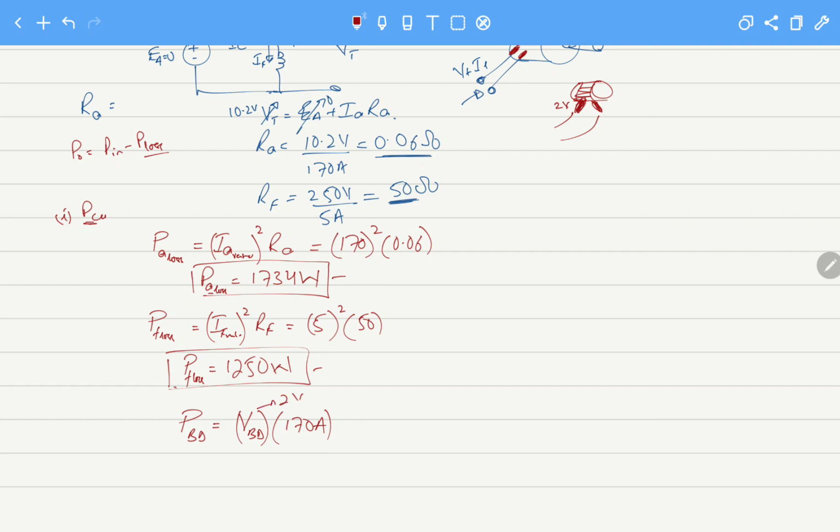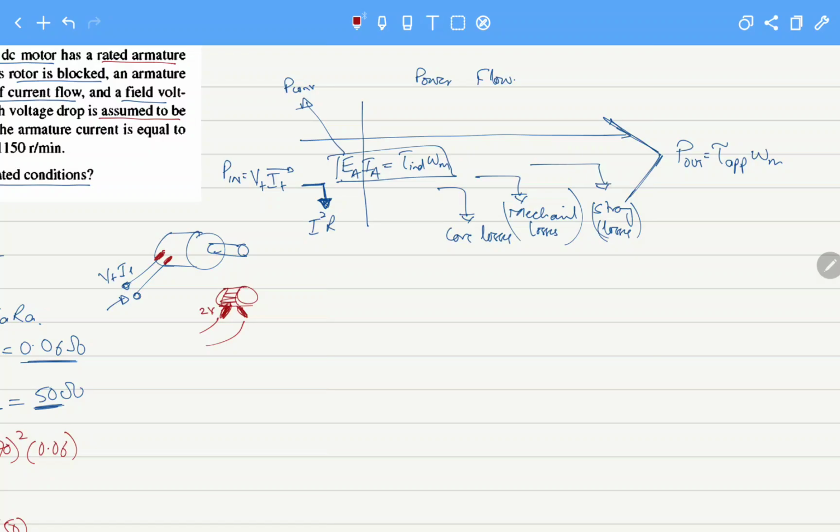So the power that is lost over the brushes is 340 watts. So we have calculated the I square R losses. Now the question arises how to calculate the core losses or the mechanical losses that exist inside the machine.